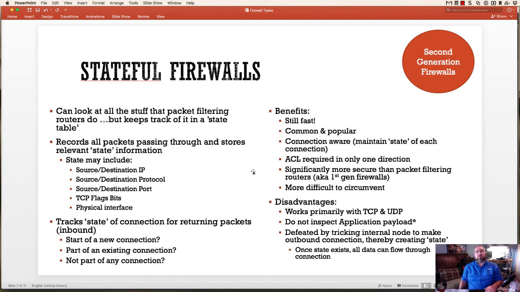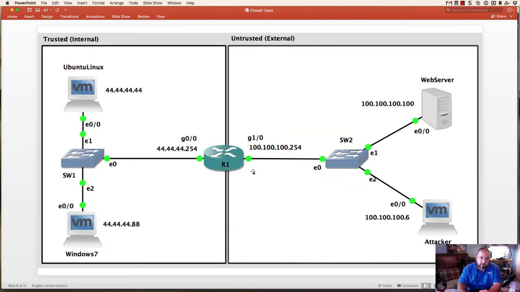One other important aspect of this, and again, this can be variable depending upon how your particular vendor's firewall solution has been implemented, but in general, stateful firewalls still allow for the client and the server to communicate with one another directly. Now, I'm going to go back and use this diagram to illustrate what I'm talking about. If the Windows 7 computer wants to talk to the web server, they have to pass through that firewall that's sitting in the middle.